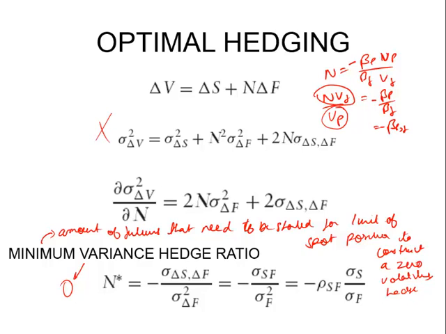Again, it follows from the same concept that we have derived. You don't need to separately remember this. If you remember the first formula, you will be able to derive this on the exam yourself. Just remember, the minimum variance hedge ratio is the beta of the portfolio with the futures contract. Minimum variance means the target beta should be equal to 0, or it is a zero volatility hedge. It is the amount of futures that need to be shorted for 1 unit of the spot.